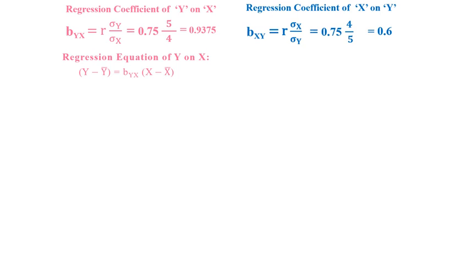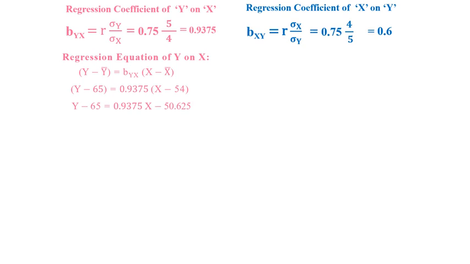Y on x, y minus y bar equals byx into x minus x bar. Y minus 65 equals 0.9375, byx as computed above, into x minus 54. Y bar is 65, x bar is 54. We have substituted. Simplify this.